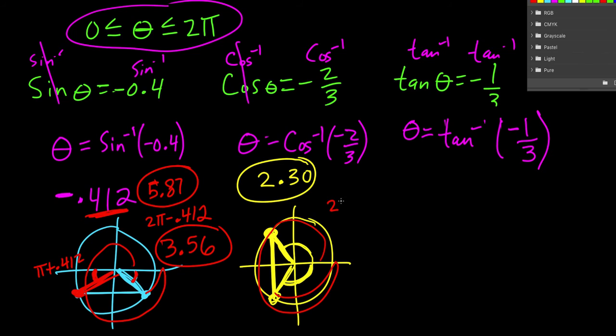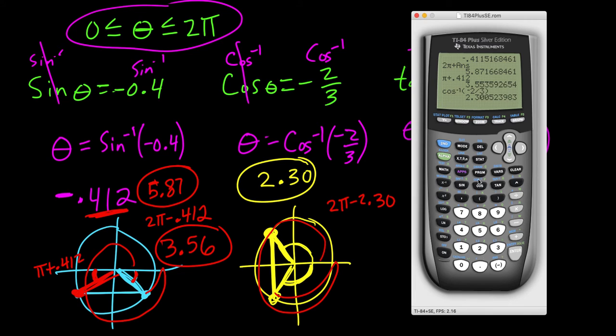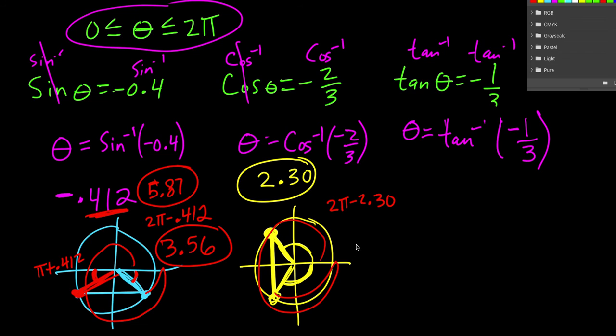So we could say 2 pi minus 2.30. Let's try that. So 2 pi minus the previous answer. We get 3.98, and that's our other answer. So we get 2.30 and 3.98.